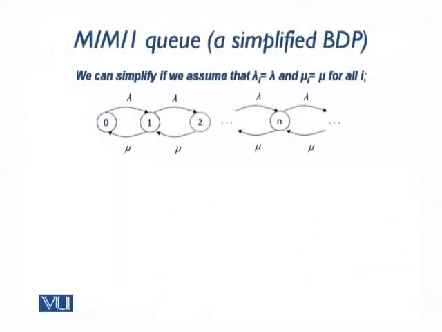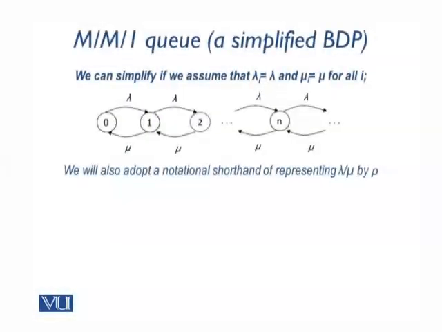So for the simplified case of an M/M/1 queue, in which you have a Poisson arrival process, where the arrival rate is going to be constant for all states, and you have an exponential server with constant service rate for all states equal to mu, we can actually get results that are simpler than those that we had for the general case.